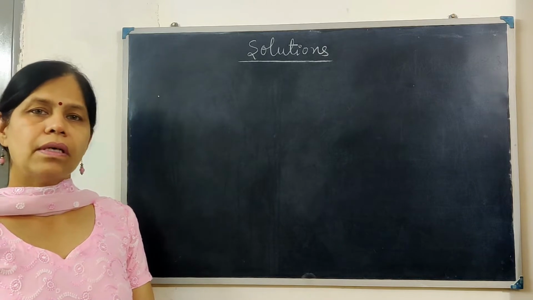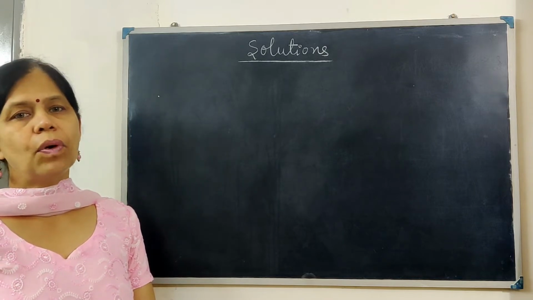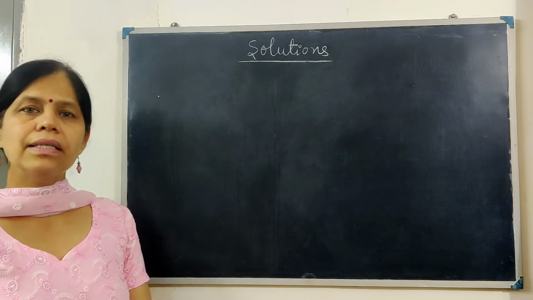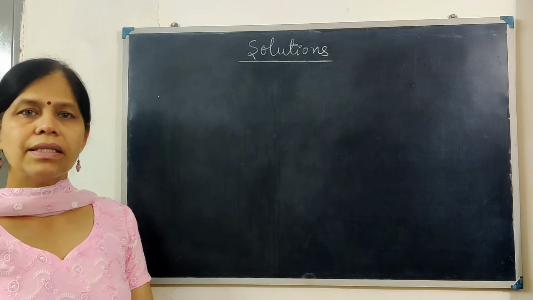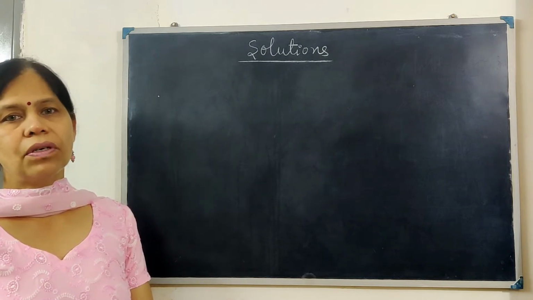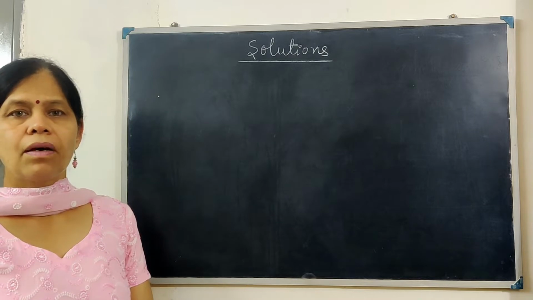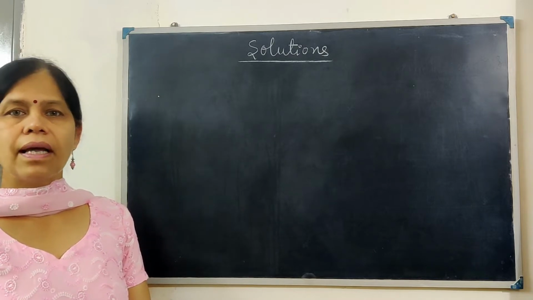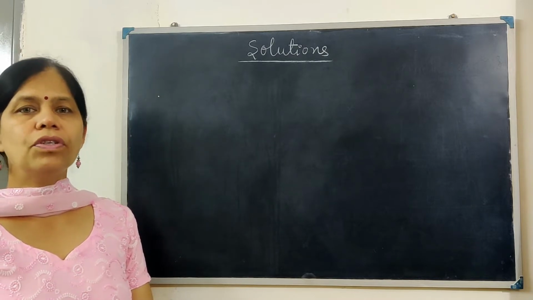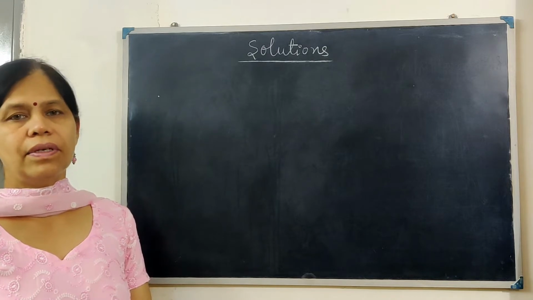We have also discussed Henry's law, which is about the solubility of gases in liquids, which states that the partial pressure of a gas over the surface of liquid is directly proportional to the solubility of that gas in the liquid.